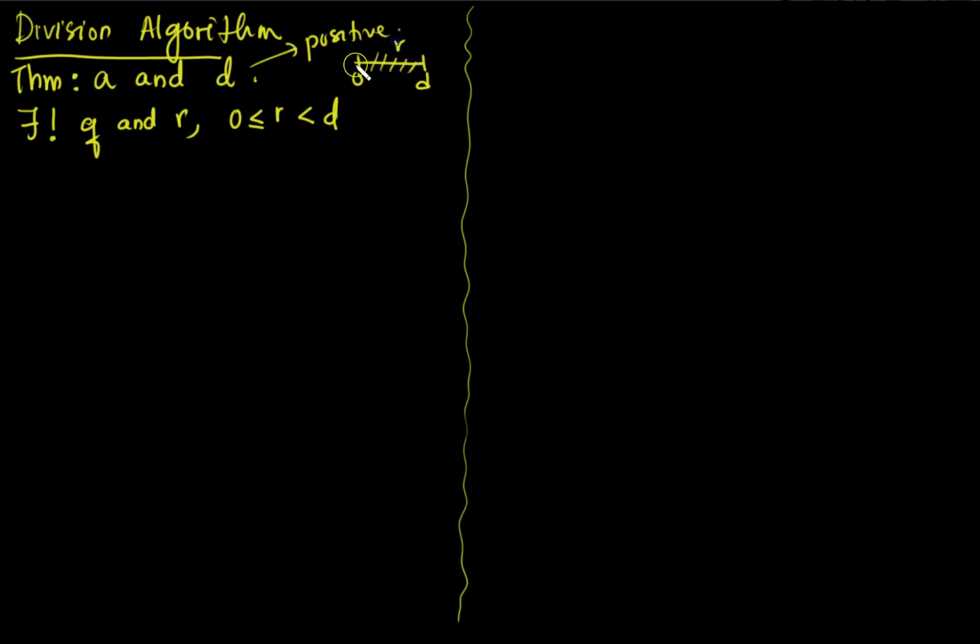R falls in here. So R can be 0, but it has to be less than D, such that if I have A and D, I can write A equals DQ plus R.